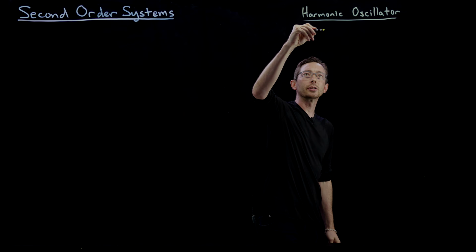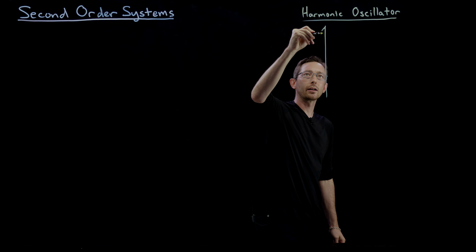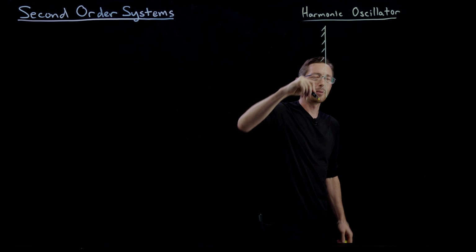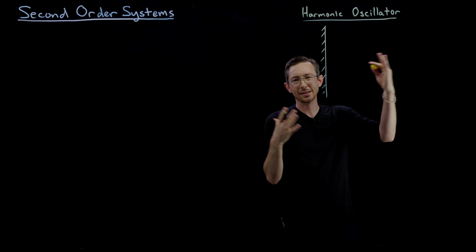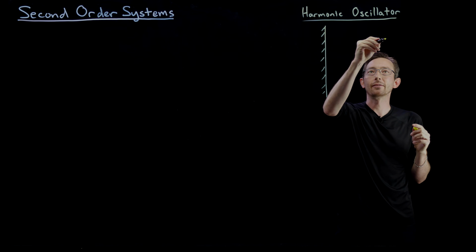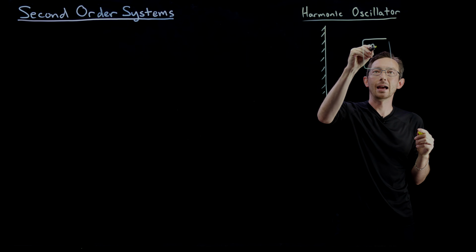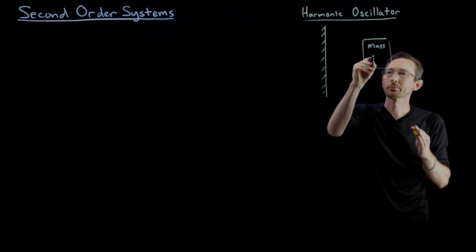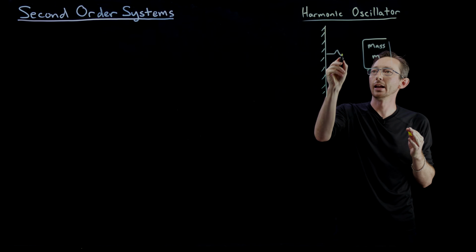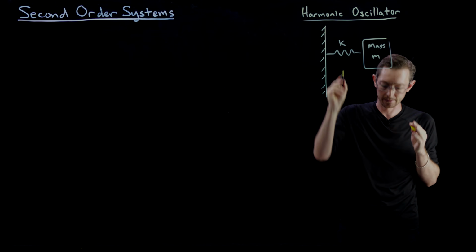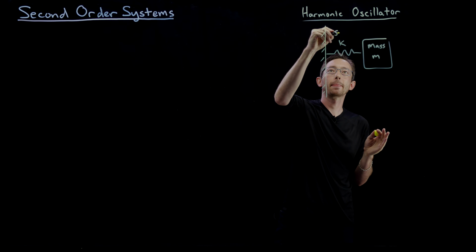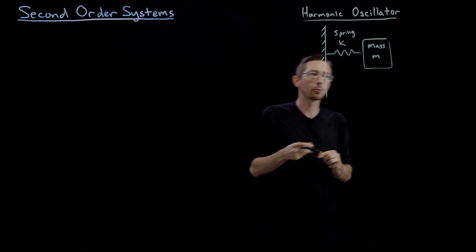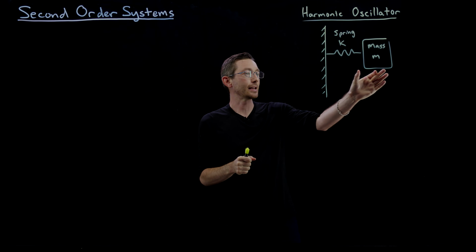So the example I want to draw is where you basically have, I'm going to draw this horizontally because I don't want to consider gravity. Just imagine that I have a mass m attached to a spring with a spring constant k. Okay, so this is a spring. And we're going to assume that it has a rest position.